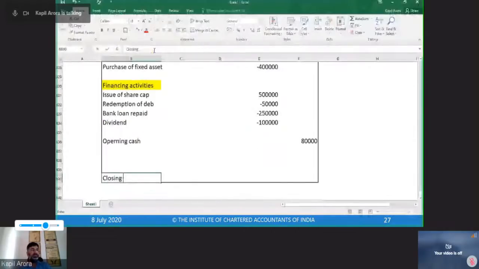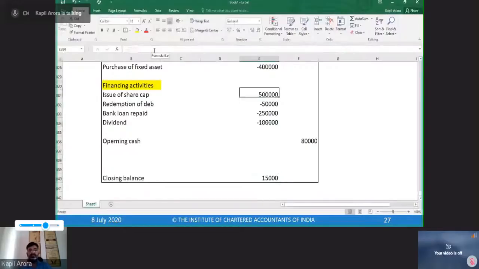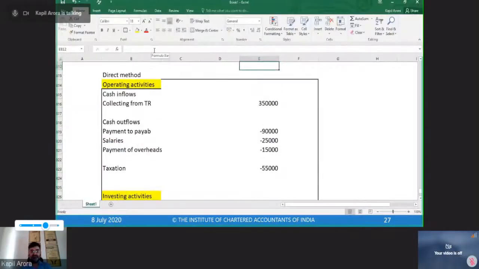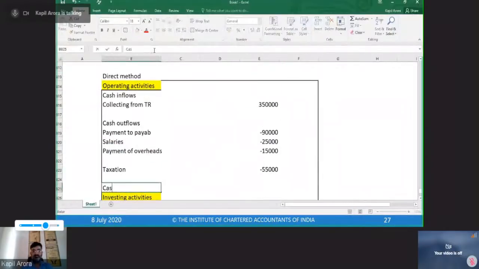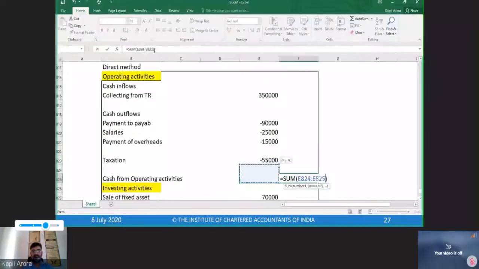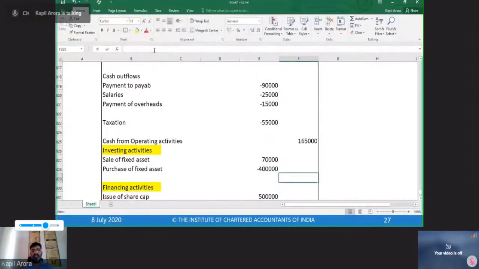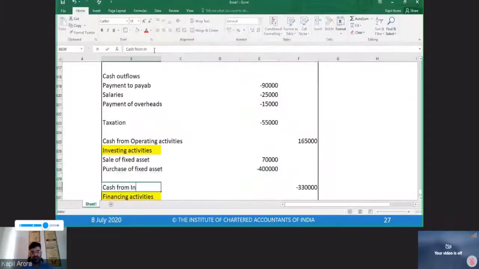So let's look at the net amount of cash we have. Cash from operations, one lakh 65,000. Cash from investing activities, and cash from financing activities.